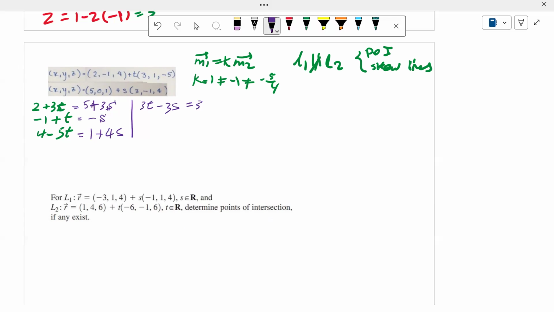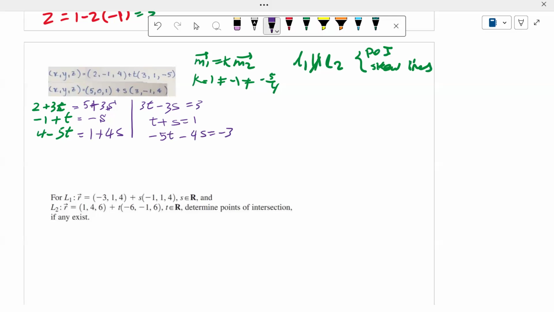The second one is t plus s is equal to 1, and minus 5t, minus s equals minus 3. So solve two of the equations, find s and t, put it in the third one.